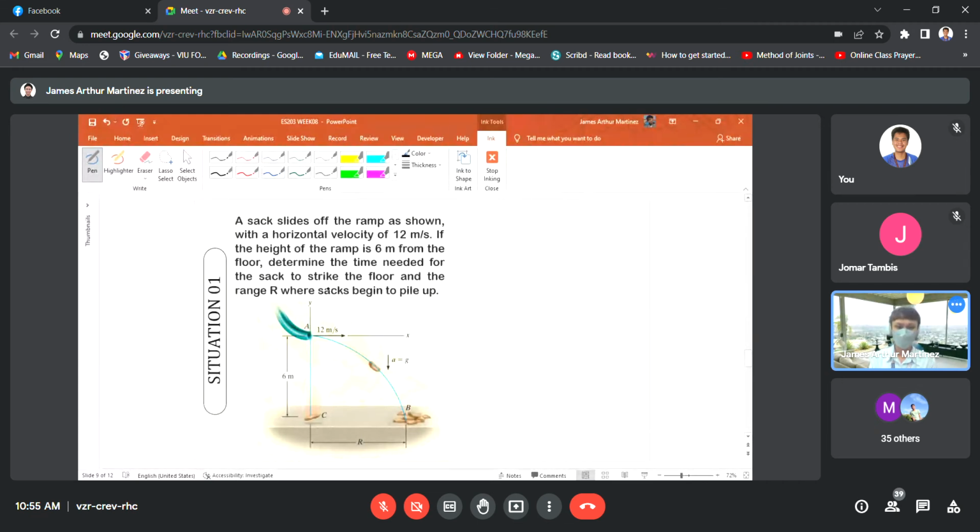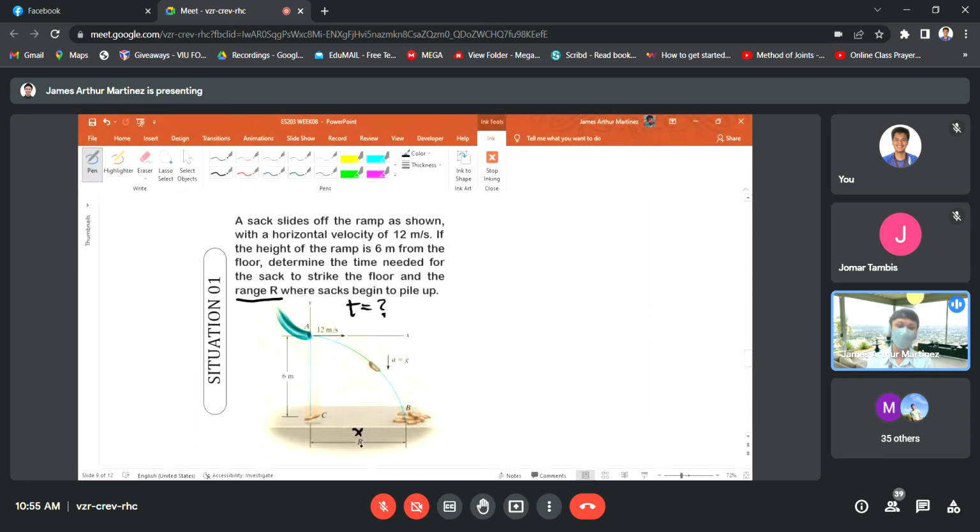So our goal, or our objective, for this problem is to determine the time and R, or the range. As I mentioned earlier, R or range is just your horizontal distance, or the range of your trajectory. So in our equation, that only refers to x.